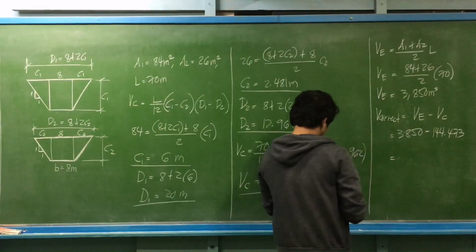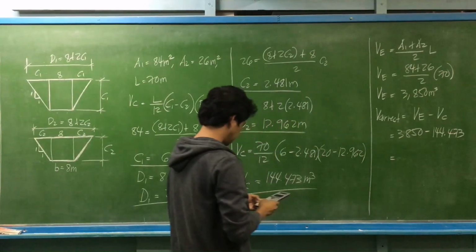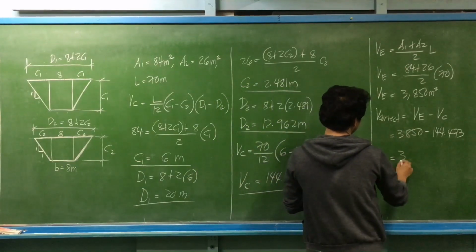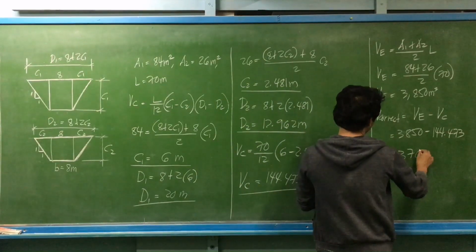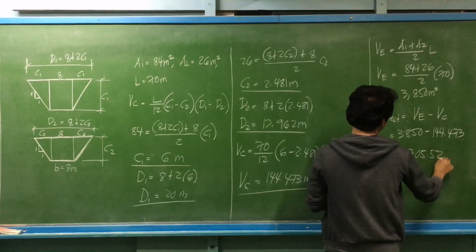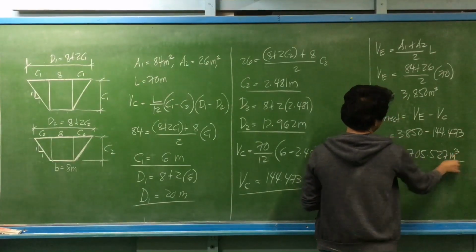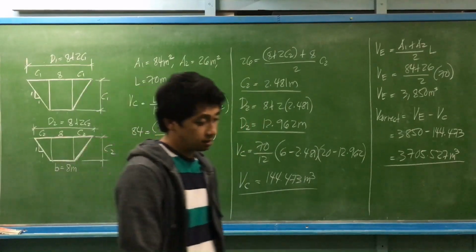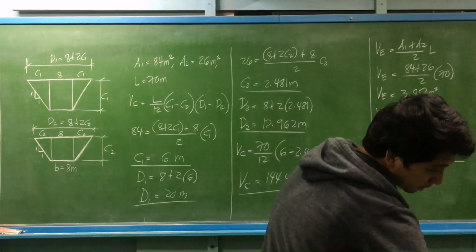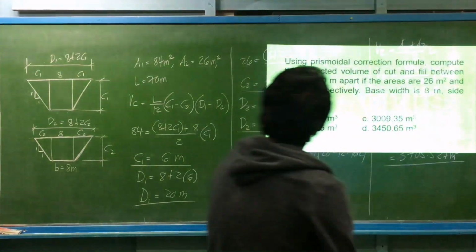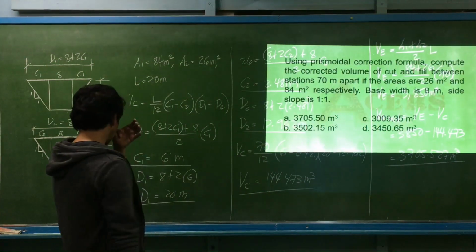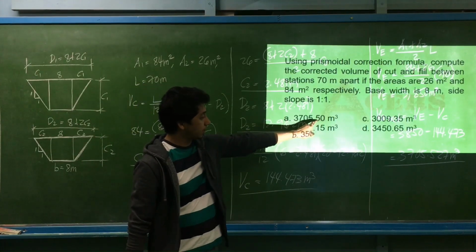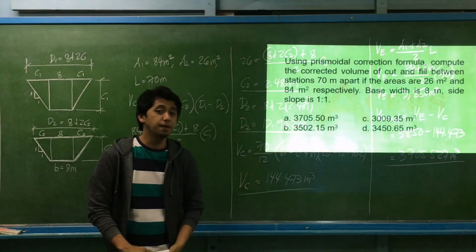So we have the correct volume equal to 3,705.527 cubic meters. Ay, so choices natin, iba lang yung value, 3,705.50 nga lang yung nakalagay. So pinakamalapit na si letter A.